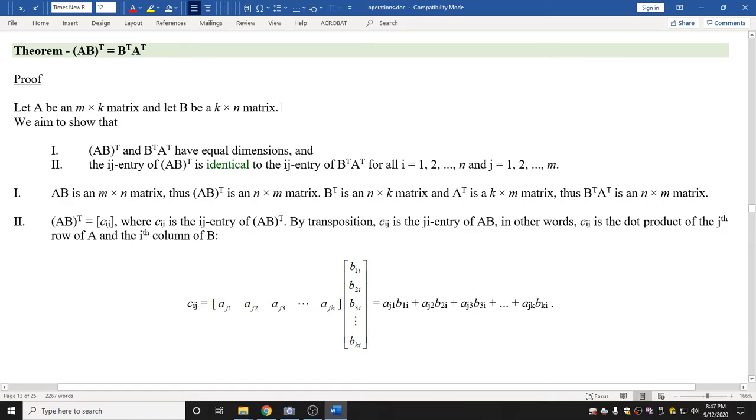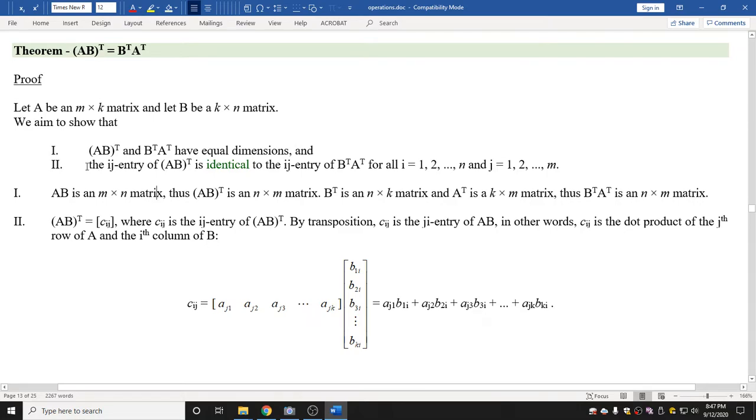We're breaking down our proof into two goals. So we aim to show that, one, the dimensions of (AB) transpose and B transpose A transpose are the same.